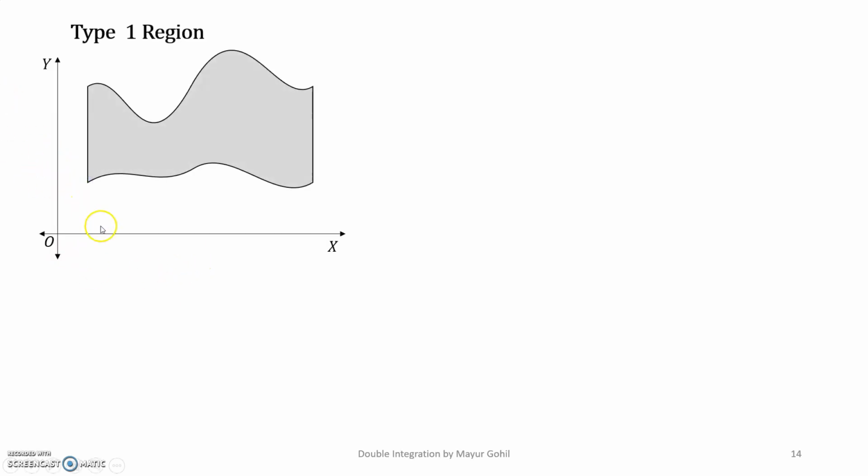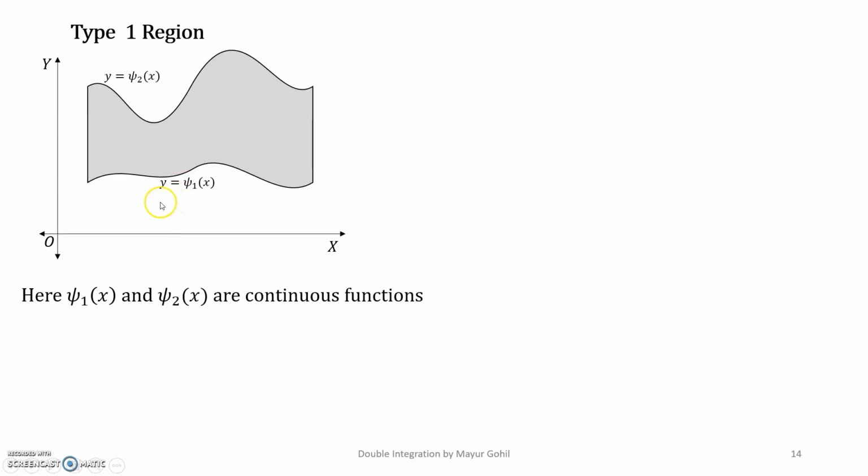Consider this type of region where you have y equals psi 1 of x and y equals psi 2 of x as the boundary of the region, where both psi 1 and psi 2 are continuous functions. Let me take the shadow or the projection of this region on the x-axis as the interval a to b.